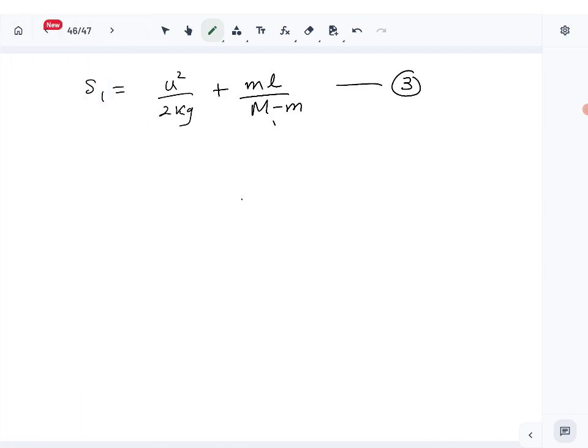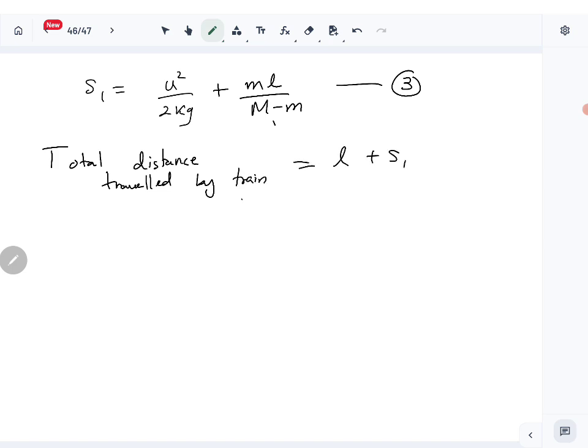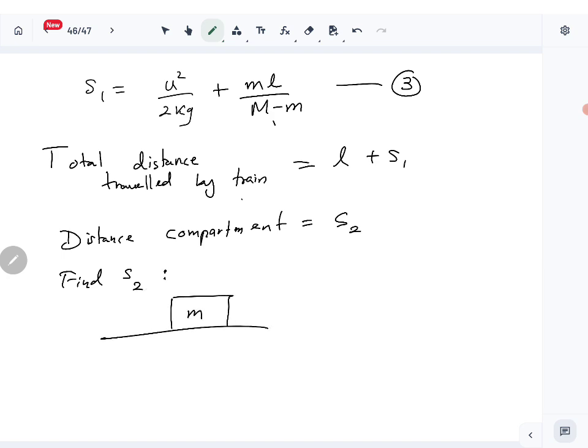So then we can write the total distance traveled by the train as L plus S1. Now let's figure out the distance traveled by the compartment. Let's take that to be S2. For the compartment, what's the only force? Resistance, kmg. So let's figure out the acceleration.